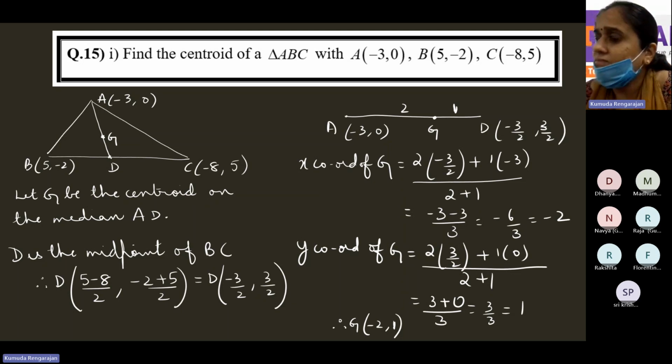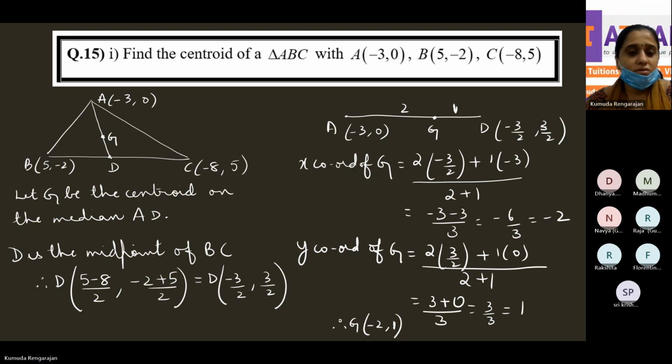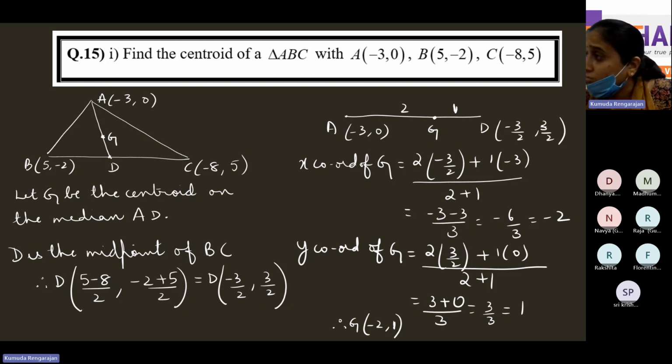That should be m into x2. Now you're talking about which part of the x coordinate of G is it? In the x coordinate of G, what have I written? It should be 2 into... From where -3?